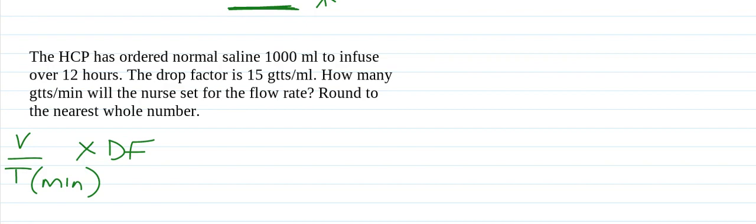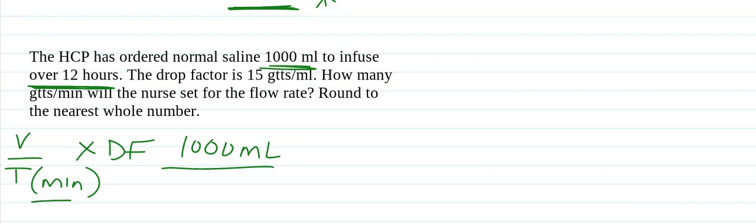So the volume that needs to be infused here is 1,000 milliliters. The time is 12 hours. Now, we can't put 12 hours in our formula. We have to have our time in minutes.